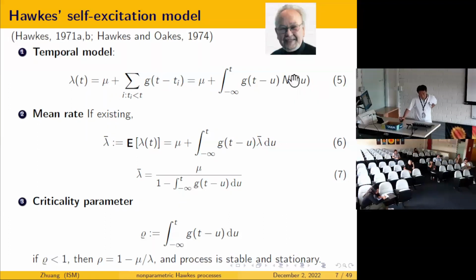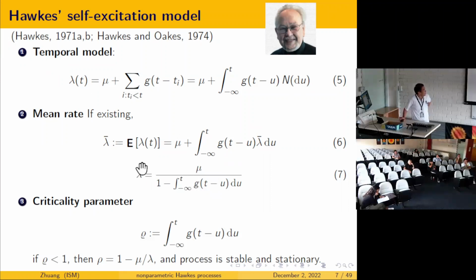For the mean rate of this process, if it is stationary, we can calculate it simply by taking the average over all the possibilities of the past. Then we have this equation, which gives the mean lambda bar as mu divided by 1 minus the integral of g.